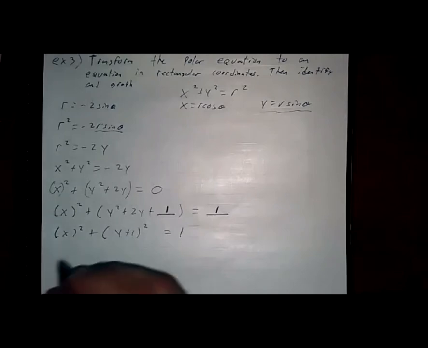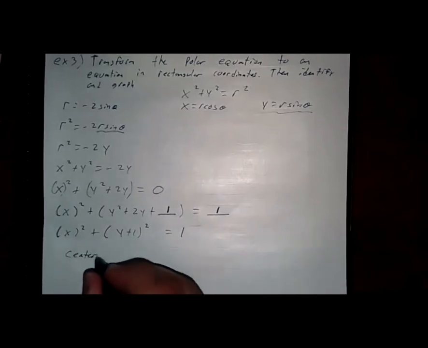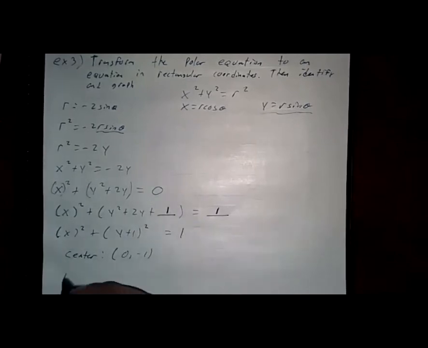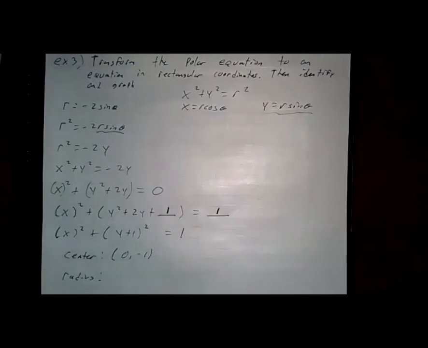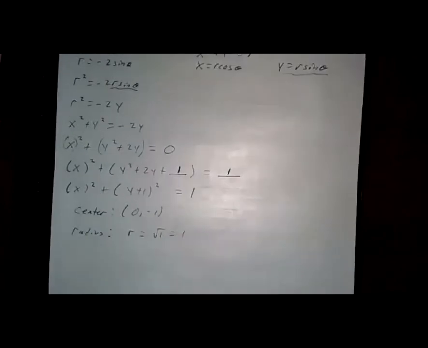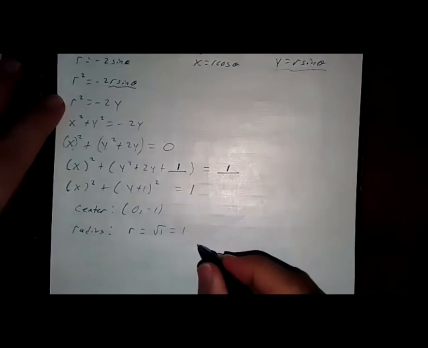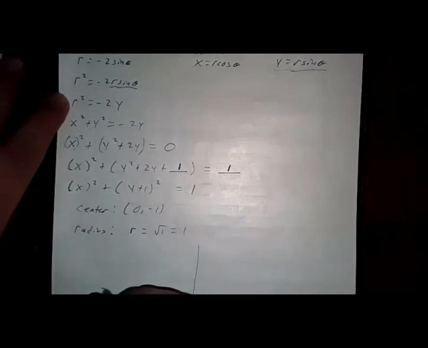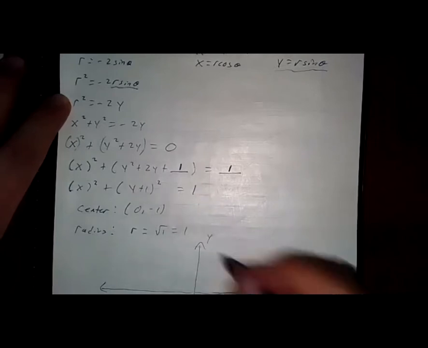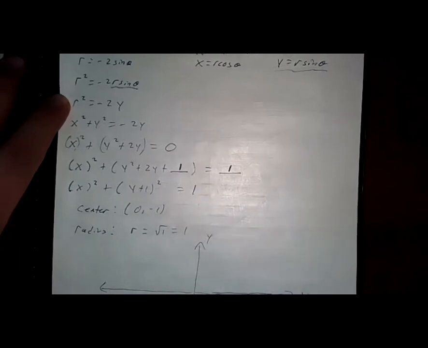All right, so what's the center? 0, -1. Yeah, 0, -1. Radius? Square root of 1 or 1. Right. So if we were to graph this, 0, -1 is right here.